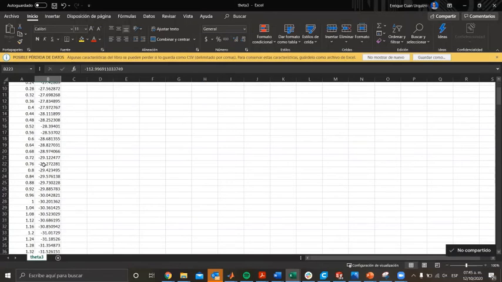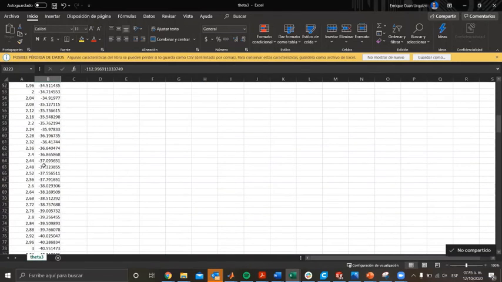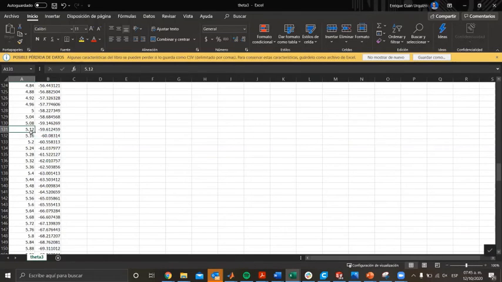Let's check for minus 60 degrees. Minus 60 degrees happens at, there you go, 5.16 seconds, or, depending on which one you think is closer, 5.12 seconds is minus 59.6. So it should be somewhere between these two times.